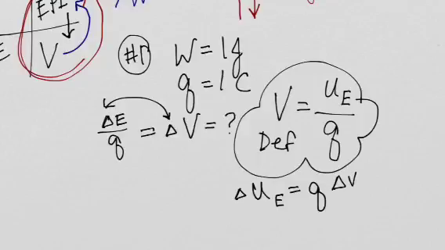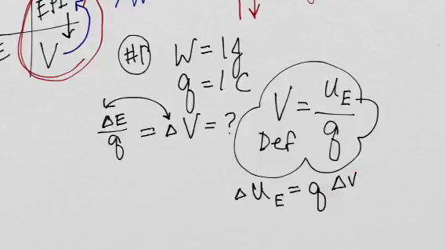So all they did was rearrange this equation to make this equation. So they redefined potential energy as the product of the charge and the change in potential. So that's how they redefined potential energy.